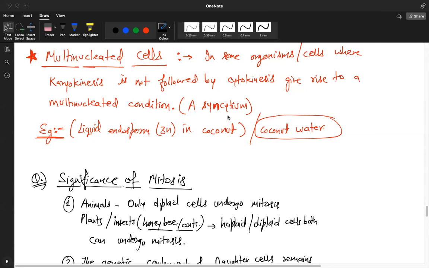Example: liquid endosperm in coconut, or coconut water. Basically, coconut water is a syncytium of just free nuclei. Remember, I told you that we are just drinking the free nuclei.